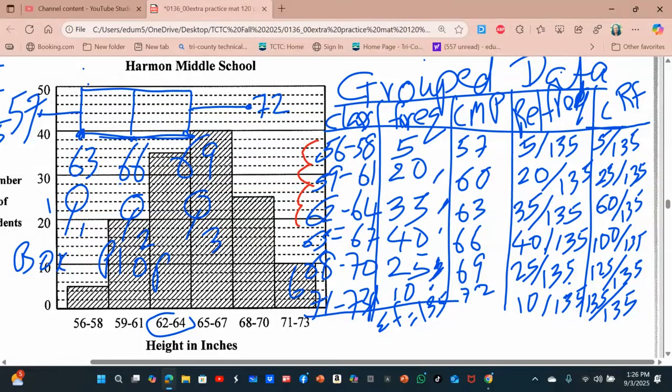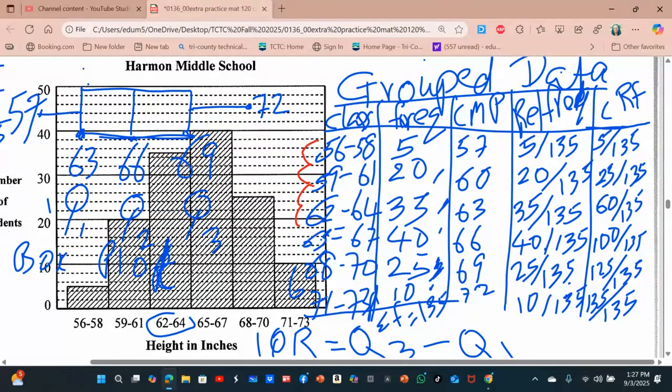It can also be called a box and whisker plot. You can also be told to find the interquartile range. If you are told to find the interquartile range, IQR, the interquartile range is Q3 minus Q1.